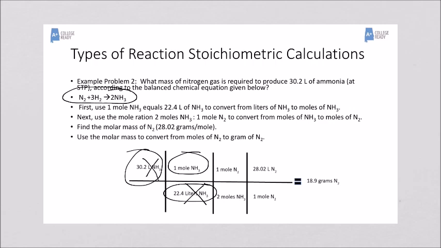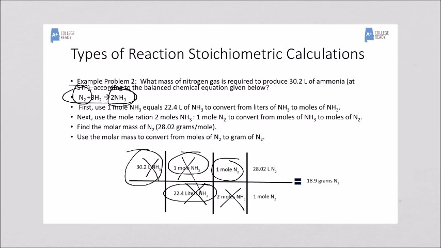Now we're going to use the mole ratio from our equation: 2 moles of ammonia for every 1 mole of nitrogen that we started with. This time the ammonia portion of that conversion factor has to go on the bottom so that the moles cancel. The nitrogen portion goes on top.